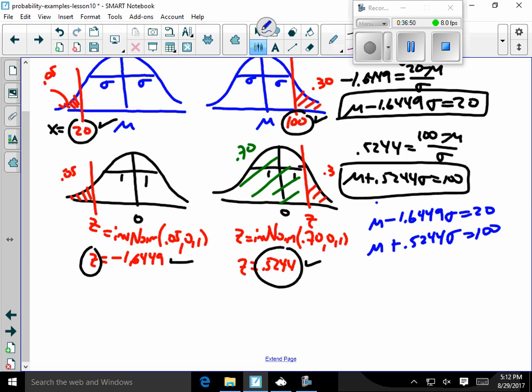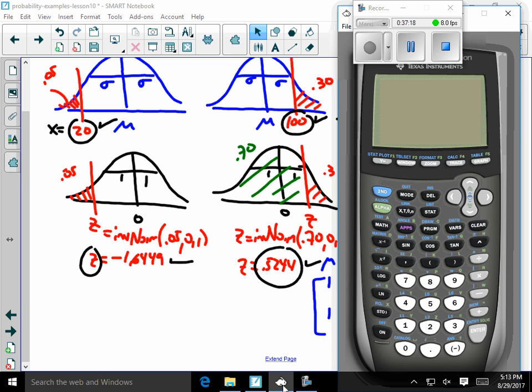You could use either elimination or substitution, or my preferred method is using augmented matrices and RREF. So I could make a mu column here, and then I would have the coefficients negative 1.6449 and positive 0.5244 with right-hand sides of 20 and 100, right? And I could plug that into a calculator to do matrix manipulation here.